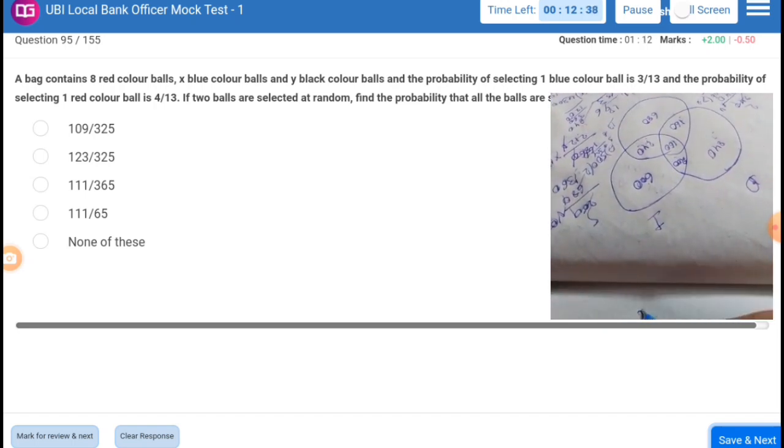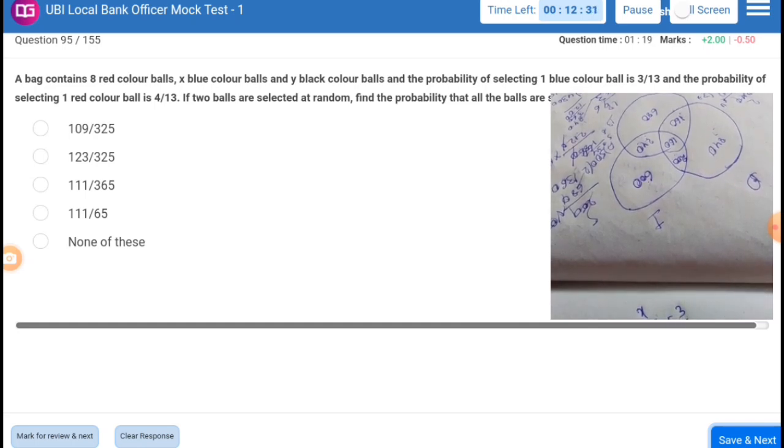One blue is x by 8 plus x plus y is 3 by 13. 16.